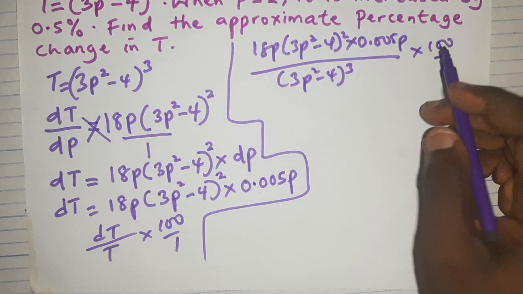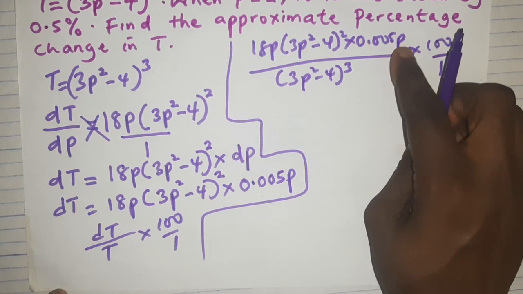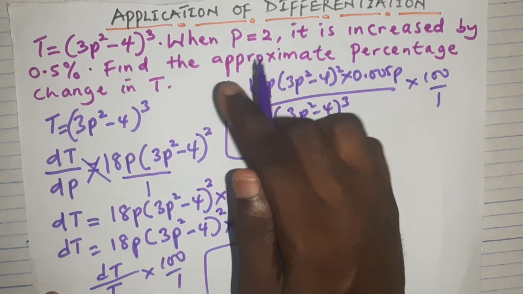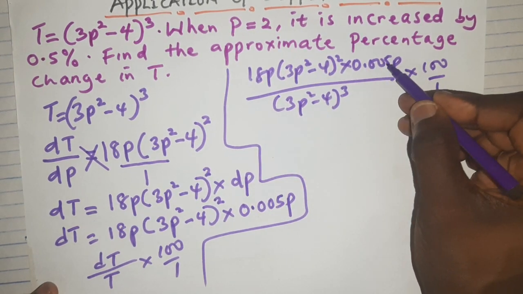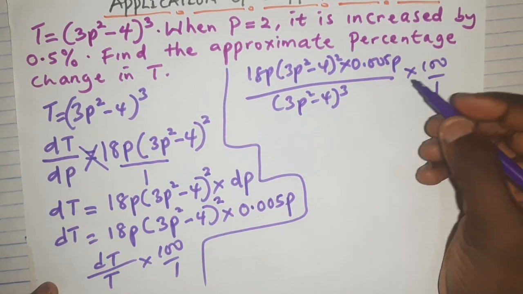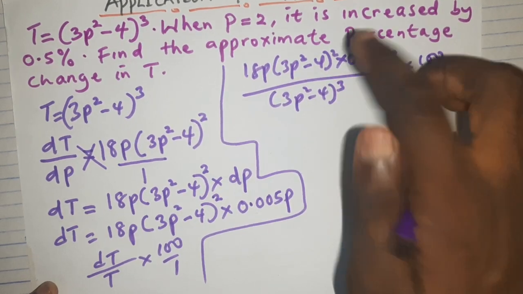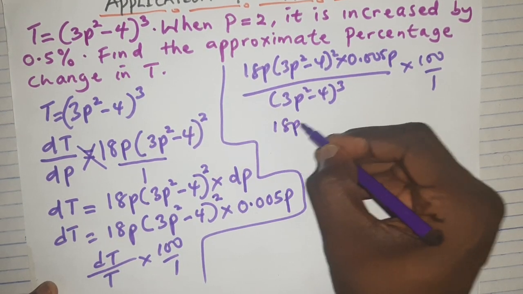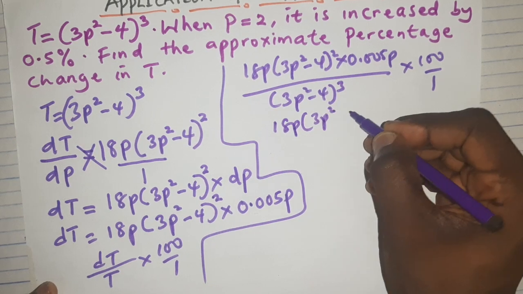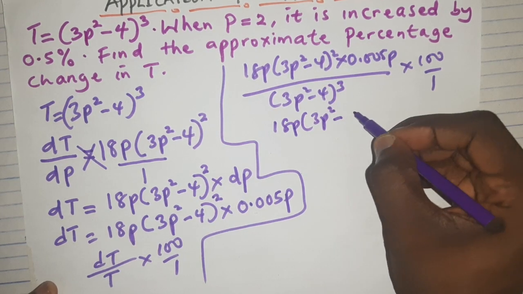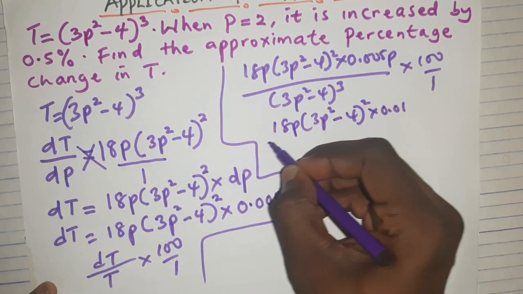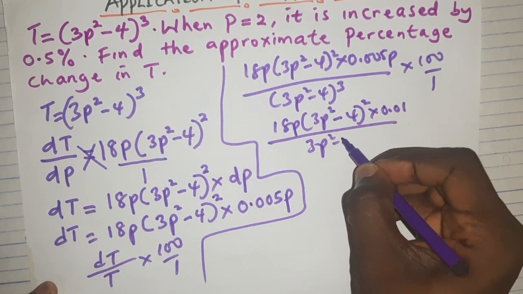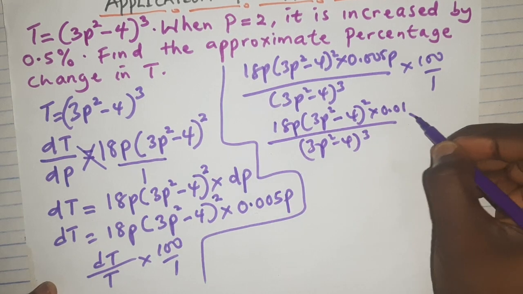Remember, my p is 2, so anywhere I see p, I'll put 2 there. From the question they said p equals 2, so I'm putting 2. So 2 times 0.005 gives me 0.01. So I now have 18p times (3p squared minus 4) squared times 0.01 over (3p squared minus 4) cubed times 100 over 1.